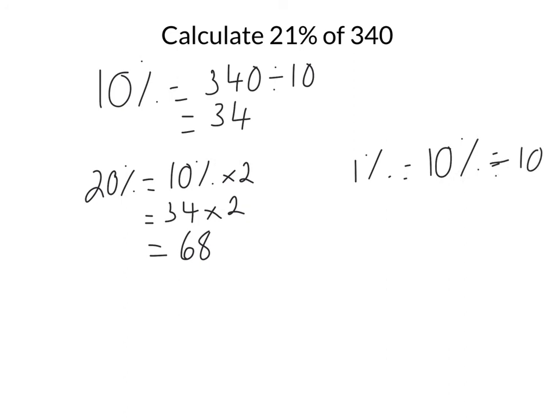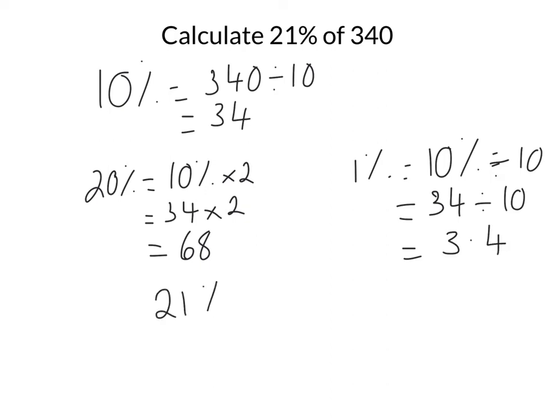There are 10 lots of 1% in 10%, so we divide 10% by 10 to find one of them. My value for 10% is 34. So I'm going to do 34 divided by 10. When I am now dividing by 10, I am shifting everything one column to the right in the place value system. So 34 divided by 10 gives me 3.4.